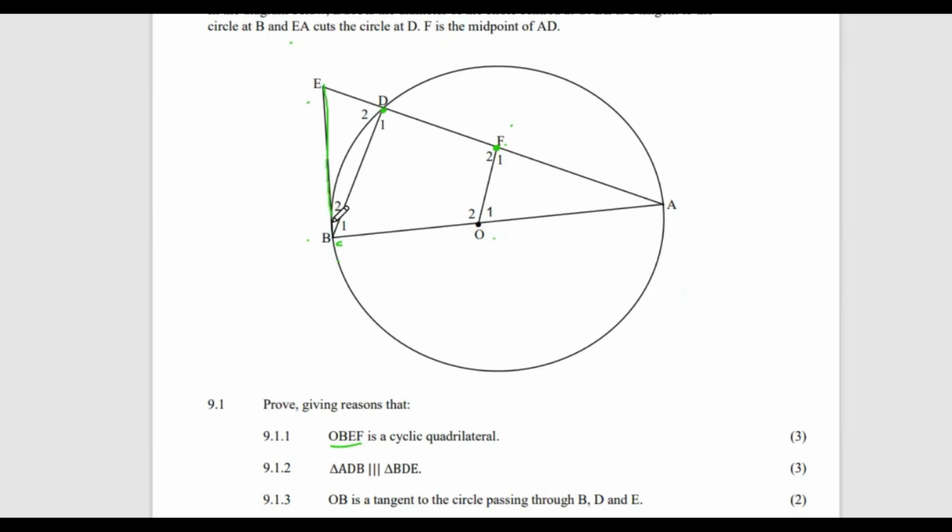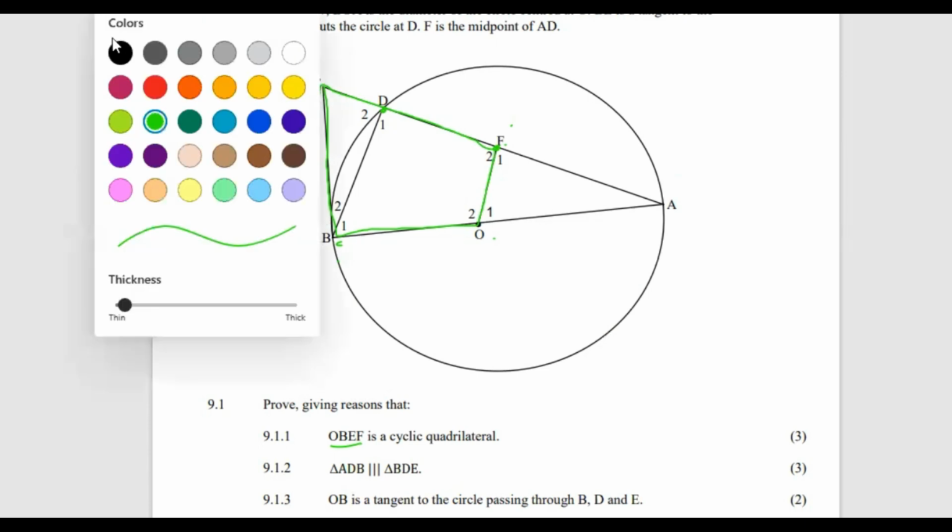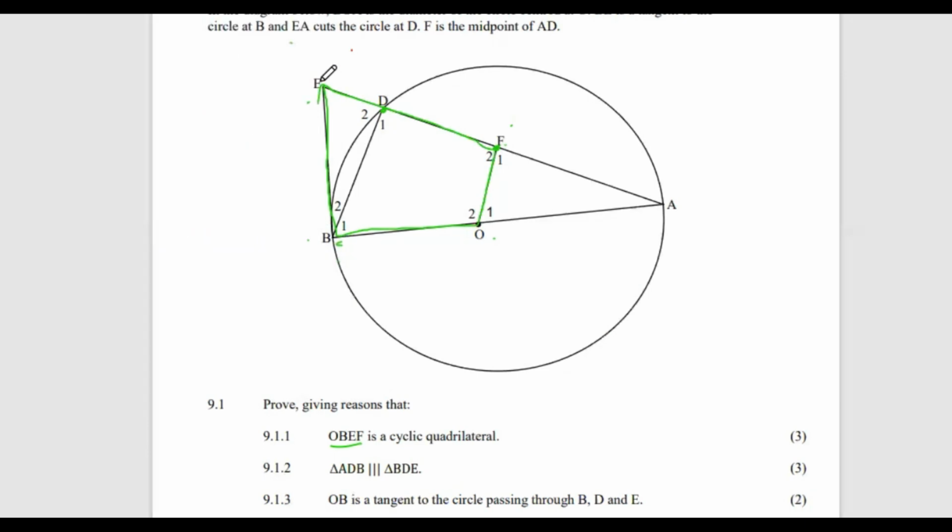Can we prove? Did they tell us any parallel lines? No. How do we prove that that is a cyclic quad? So remember, when you're proving a cyclic quad, either the opposite angles must be supplementary, not sides, sorry.